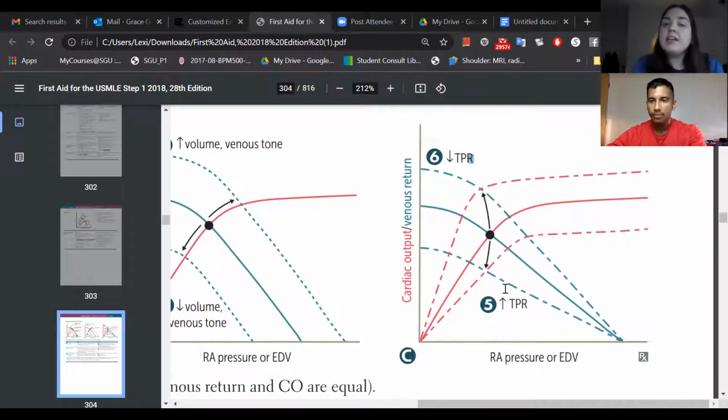Okay. But we said everything was in a circuit. So these are also going to affect your veins. Because if you don't get as much blood through your arteries, how are you going to get blood to your veins? Right. Okay. It's all a loop. But when we're looking at these graphs, we're trying to isolate one or two things because really it's all connected, right?